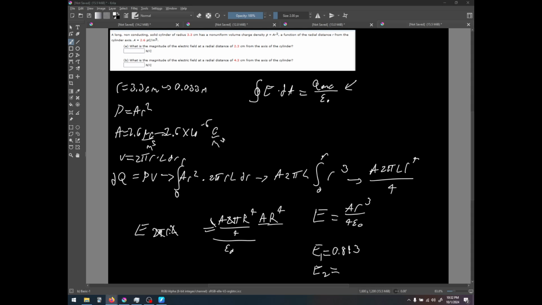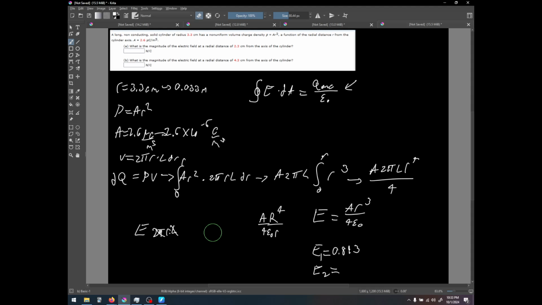So be very cautious there to use lowercase r rather than uppercase. Then on the right side, you've got the total enclosed charge from a moment ago divided by that. We can begin simplifying; the pi can cancel, and the L and the L can cancel. Let's rewrite that, then divide both sides by little r.